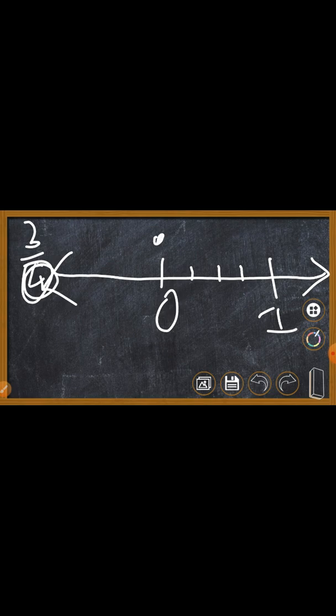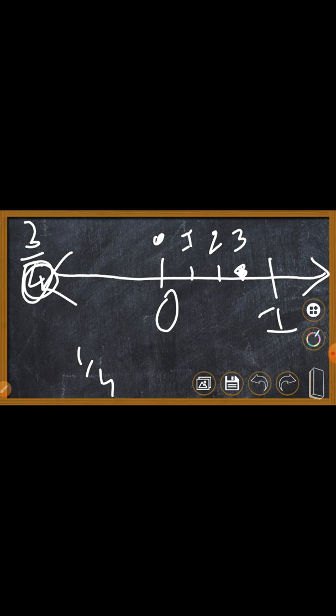This is 1 by 4, this is 2 by 4, this is 3 by 4. I am not writing the denominator because there is very little space. So this point is your 3 by 4.